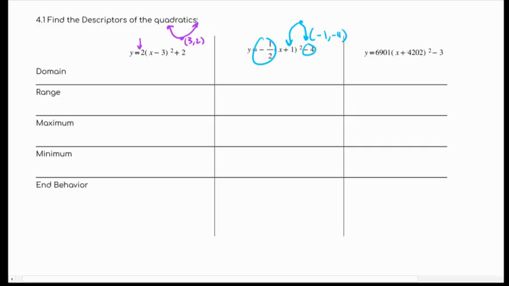And then lastly, we have going 4,202 to the left and 3 units down. So that would be (-4,202, -3). That's my vertex. And then my a value being positive means that my parabola is pointing up. And so that's all the information I need to answer all of these things.